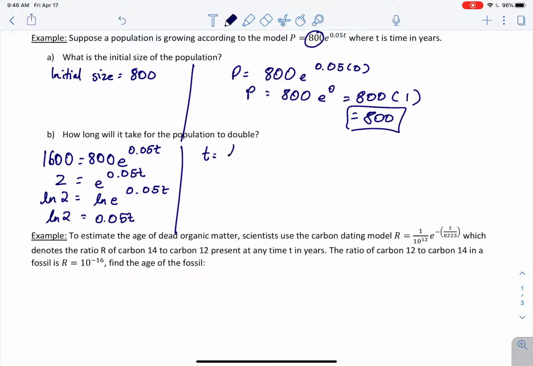And divide by 0.05. And that gives us natural log of 2 divided by 0.05 is about 13.863 years. So that's one way to do it.